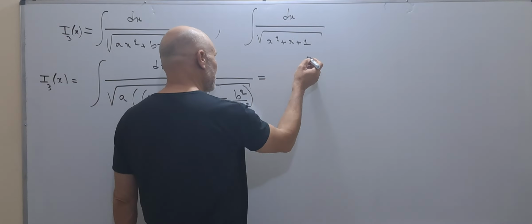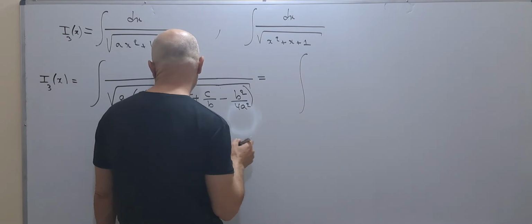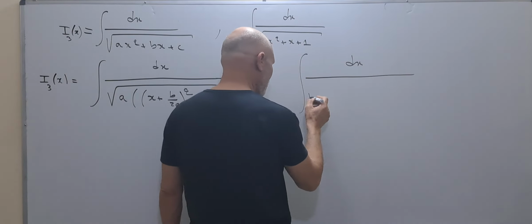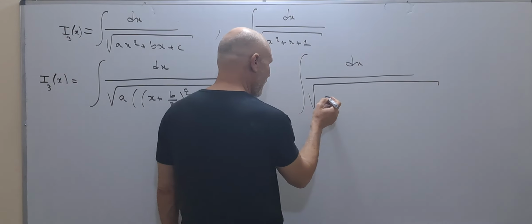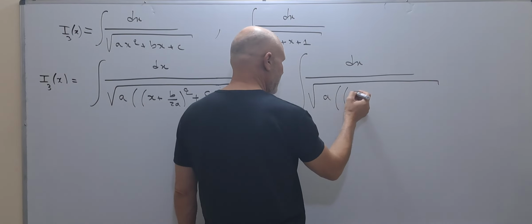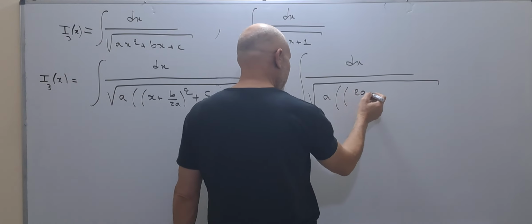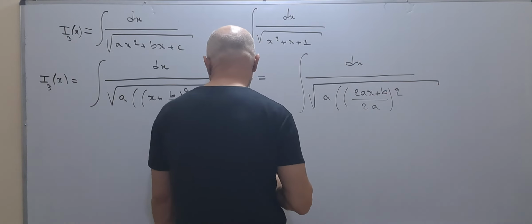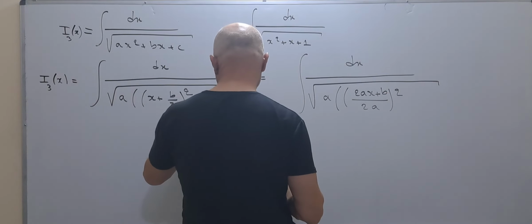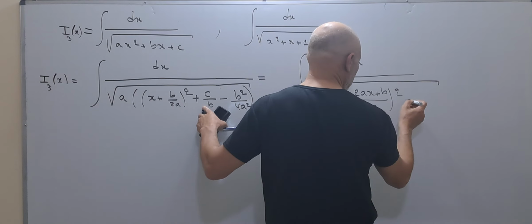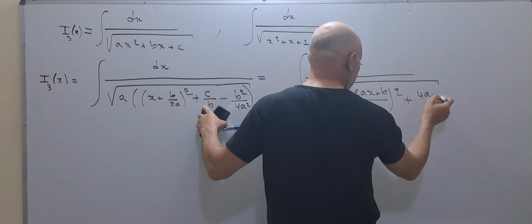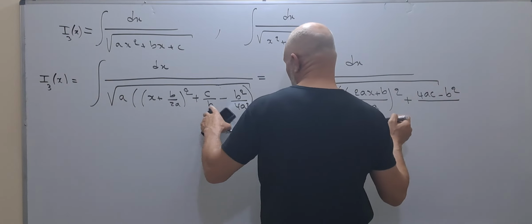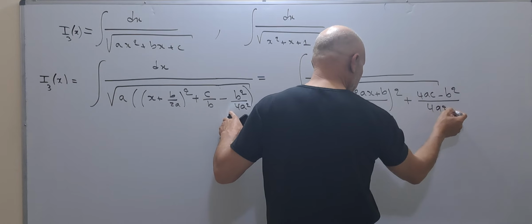And this is equal to the integral of dx over the square root of a times the brace, x plus b over 2a squared, here we have plus 4ac minus b squared over 4a squared.